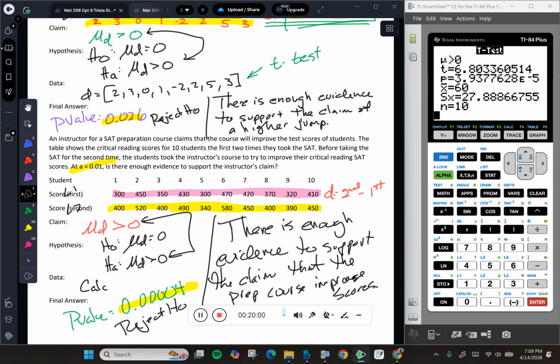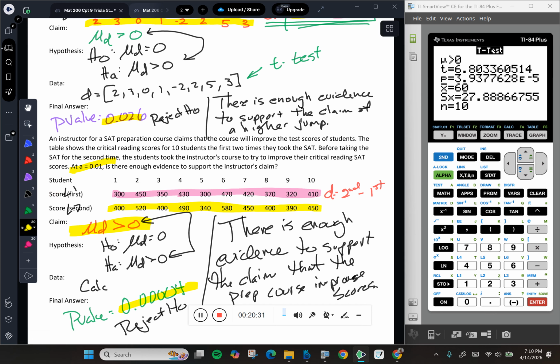One thing that I want to point out, right? In both of these examples, I did the second one minus the first one, and that made the mu greater than 0, because I'm trying to make the logic follow. If I want to show that the second score is better than the first score, then I'm going to take the second score minus the first score and show that it is a positive value, right?